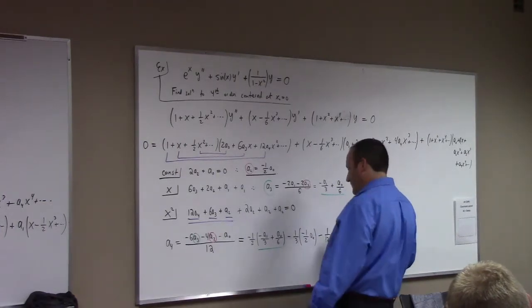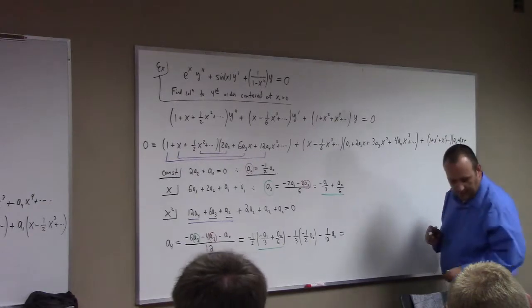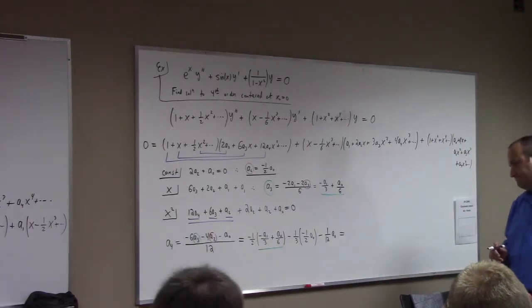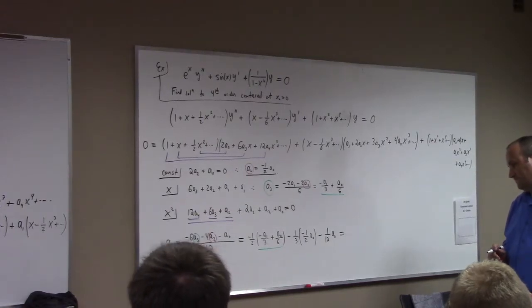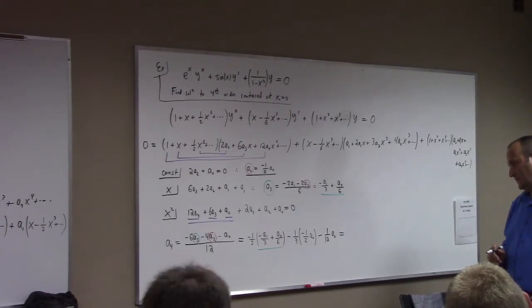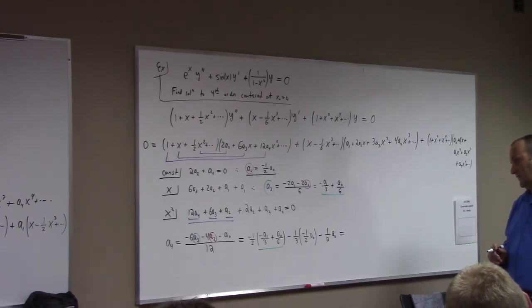So let's clean that up. How many a sub naughts do we got? Got minus a 12th plus a 6th minus another 12th.